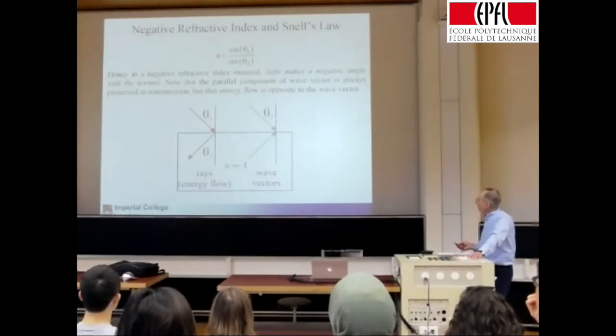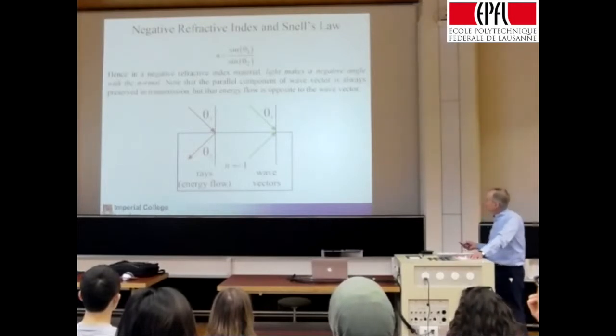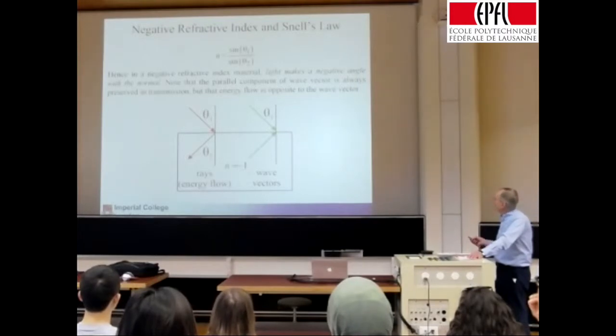And the conserved quantity is the momentum of the light parallel to the surface. Now, if this beam's headed in vacuum, say, then its wave vector, its momentum, if you like, points in this direction, parallel to this guy. And therefore, the component along the surface points in this direction.